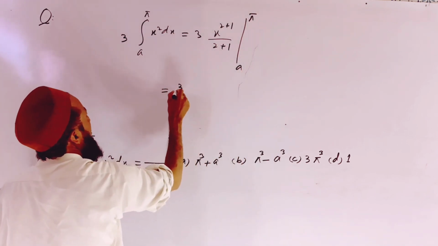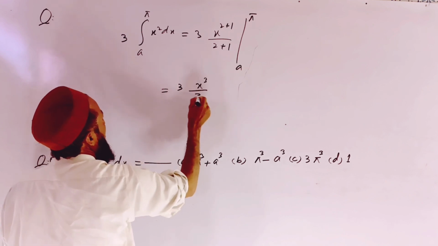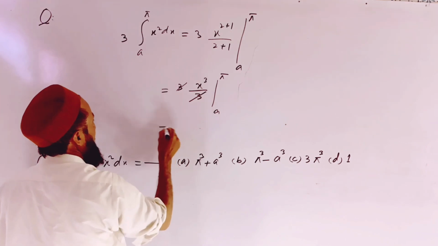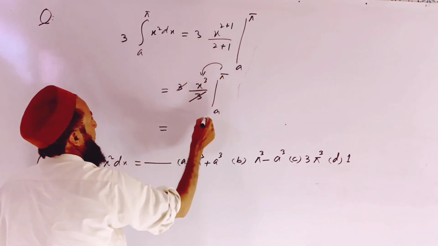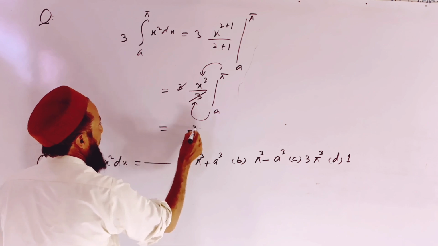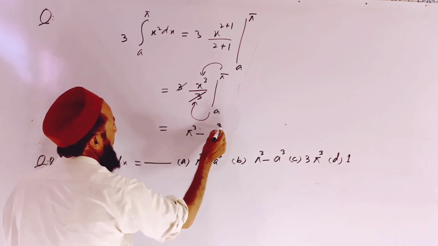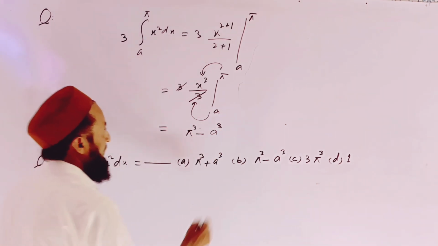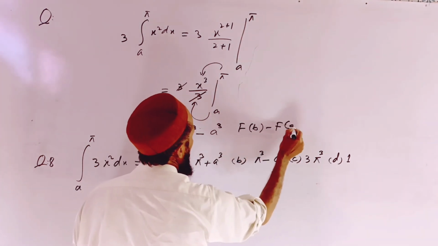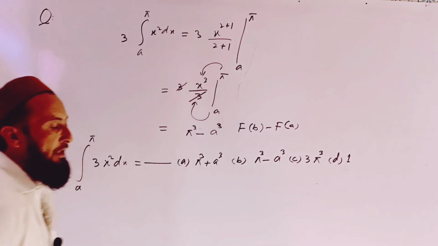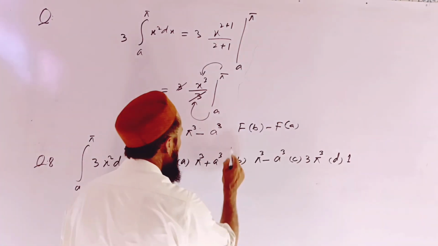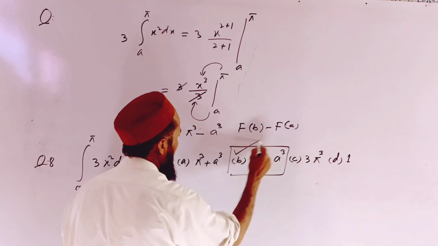We can write 3 here, x cube divided by 3, and the limits pi and a. First we put the upper limit and second the lower limit, so we write pi power 3 minus a power 3. This is the formula f of b minus f of a. So option B is the correct answer.